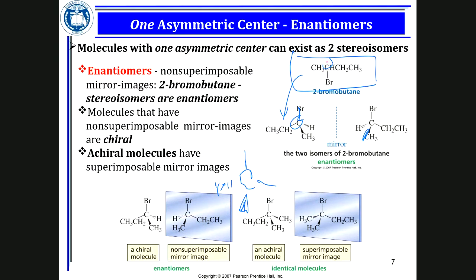What does a solid wedge mean? It means wedges and dashes. The wedge means that this group is coming toward you, and the two dashed lines mean that these three groups are on the same plane. So let's say I'm holding this molecule, the red, the yellow, and the carbon in the central atom are in the same plane.